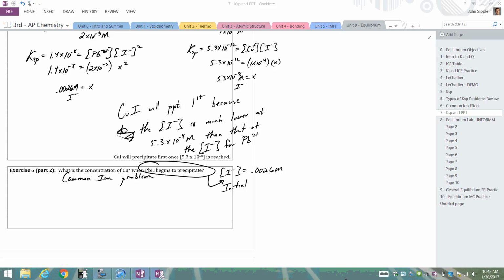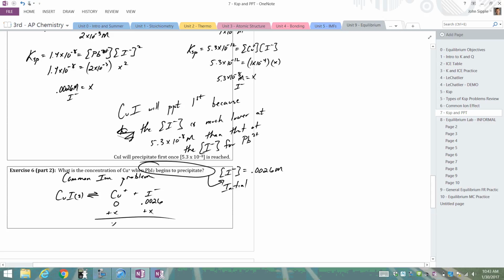Our copper iodide common ion problem here: copper iodide goes to copper plus and I minus. It's 0.0026, this is 0, plus x, minus x. We get x and 0.0026 plus x, and we're going to ignore that added x to make it nice and easy.